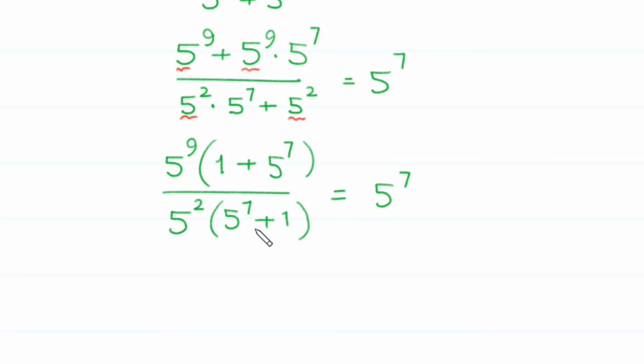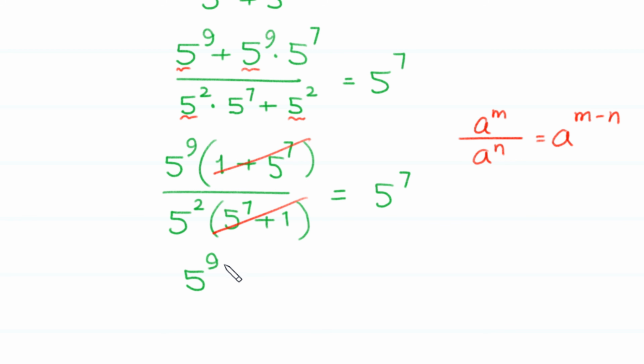Now this 5^7 plus 1 will be cancelled with this 1 plus 5^7, and according to the property of exponents, a^m over a^n is equal to a^(m-n). This 5^9 over 5 squared can be written as 5^(9-2), which is equal to 5^7, and 5^(9-2) is 5^7, which is equal to 5^7.